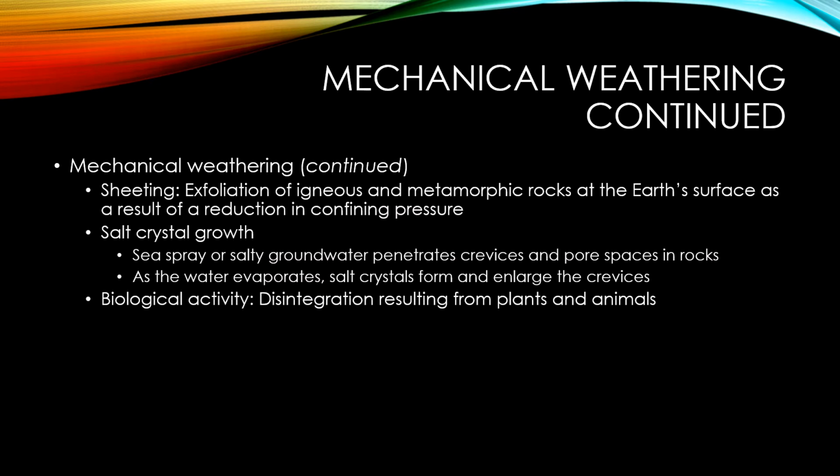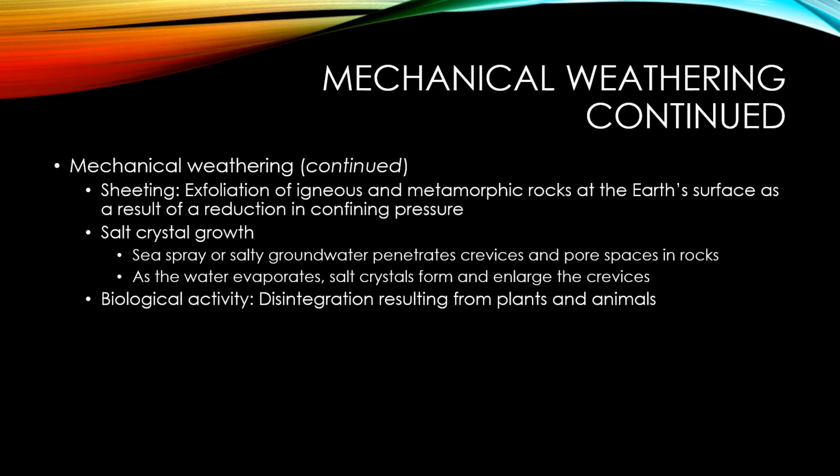So on to a few additional types of mechanical weathering. Another type is called sheeting, and this is really the exfoliation, or you can think of it as sort of peeling off of layers of igneous and metamorphic rocks at the Earth's surface as a result of a reduction in confining pressure. What does this mean?